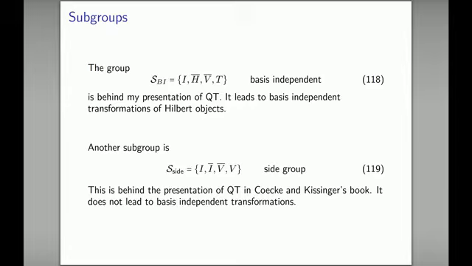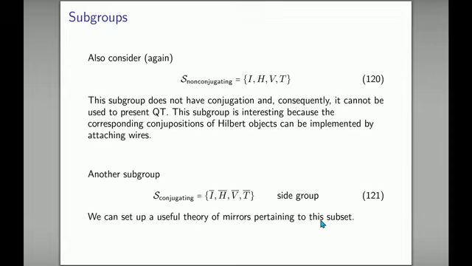But it's a possible alternative. Both of these subgroups have conjugation in them, and you need conjugation really to do quantum theory. You can't get real numbers from complex numbers unless you have conjugation. So that's essential. And then 2 more subgroups.